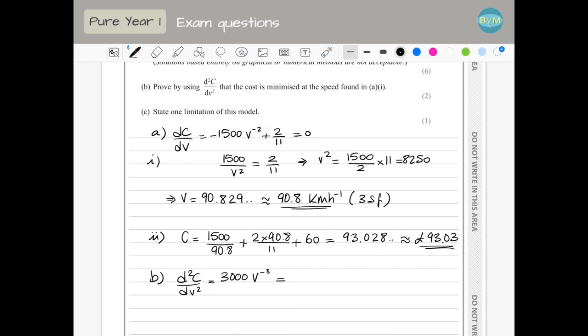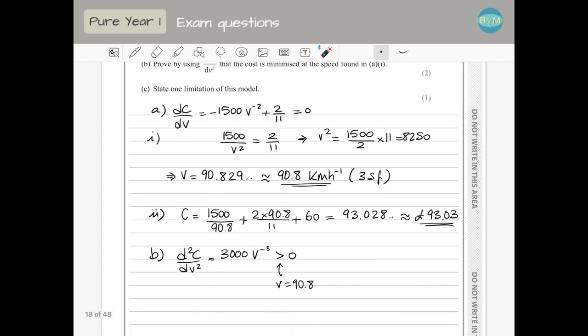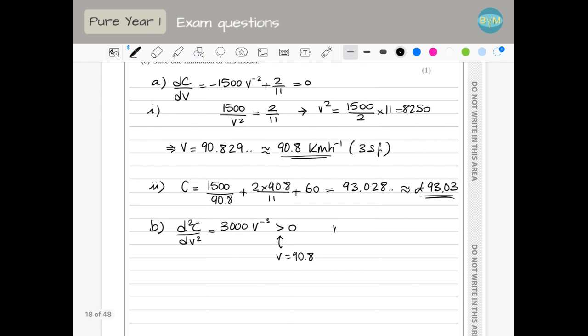When I substitute v by 90.8, which is a positive value, it doesn't even matter what you get, it's going to be positive. You can find the value or not, because this is positive and this is positive, and if it's positive, that means it's a minimum. Therefore it's a minimum.